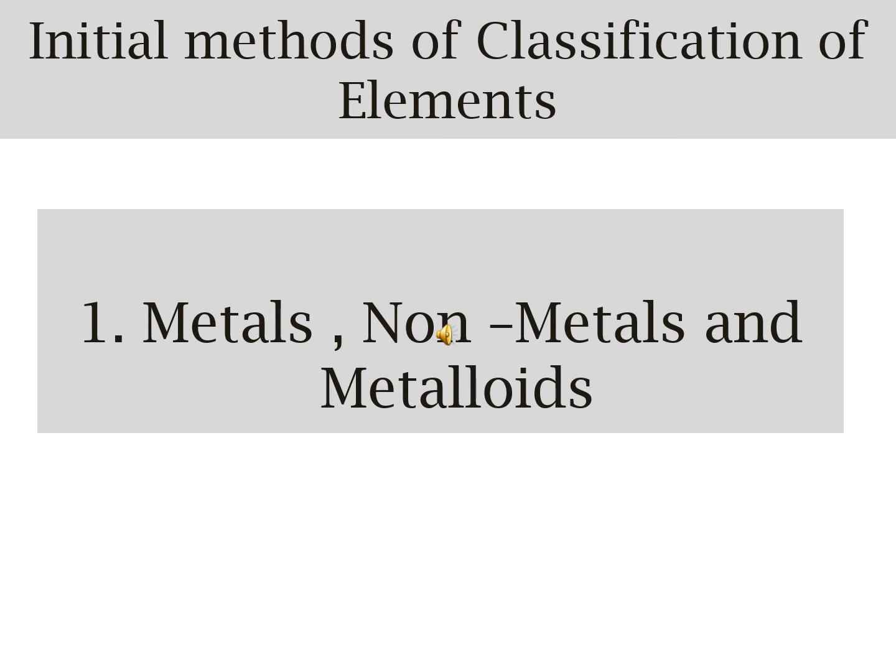So this was the most ancient way of classifying the elements, that is metals, non-metals, and then there came another category, that is of metalloids. So the second slide only deals with the various classifications that were adopted by the scientists when the number of elements was very small. We move on to the next slide.